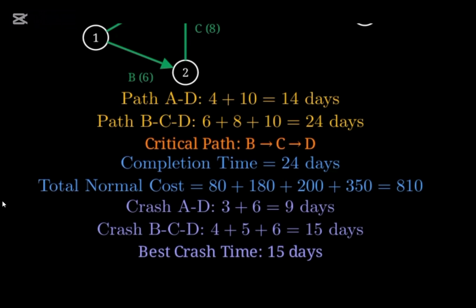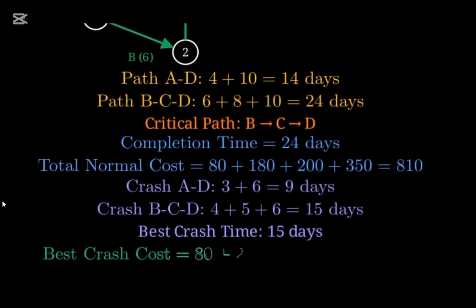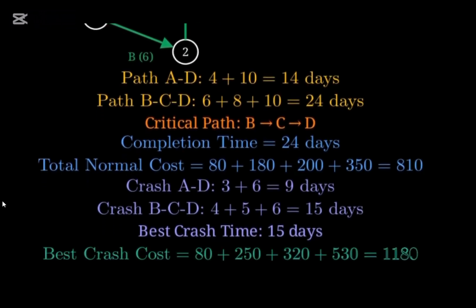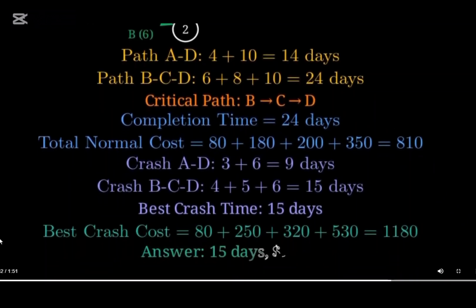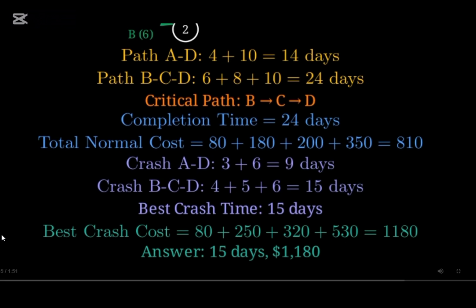Our final budget for this accelerated schedule includes the normal cost for A and the crash cost for B, C, and D. Summing 80, 250, 320, and 530, we find that our best crash cost is $1,180.